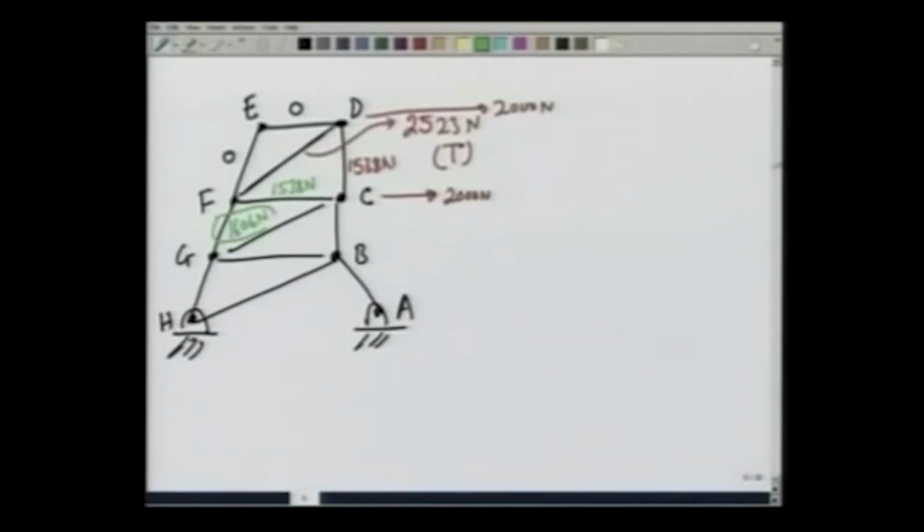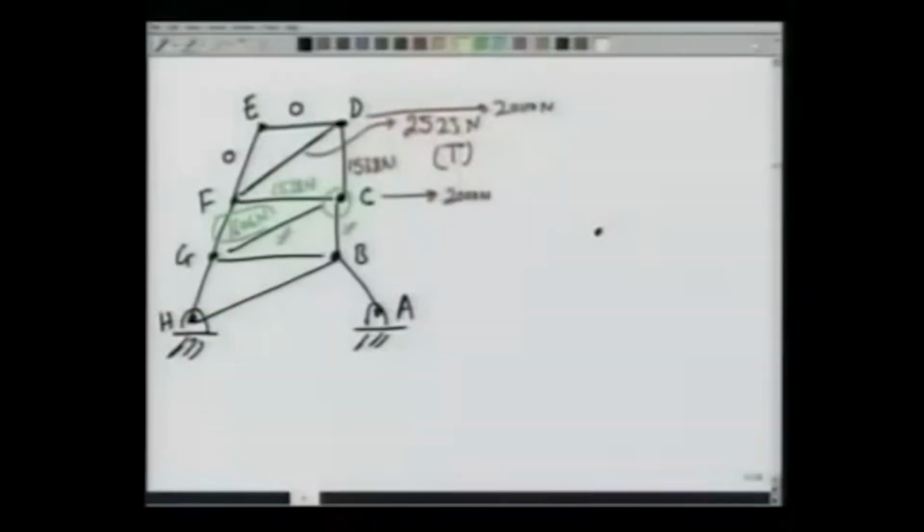Now, you see, if I look at point C, the two forces 1538 and 1538 newtons are known here, and therefore I can calculate F_CG and F_CB by balancing forces on point C. So let us balance the forces on point C. On point C, there is a load of 2000 newtons acting this way. F_CF is a compressive force because it was pushing point F outwards. So here also it pushes point C this way, 1538 newtons.